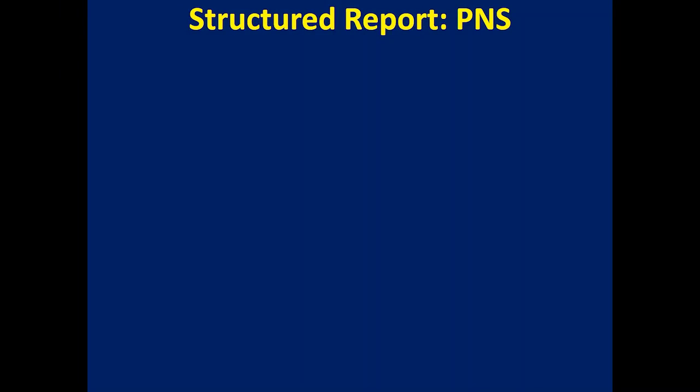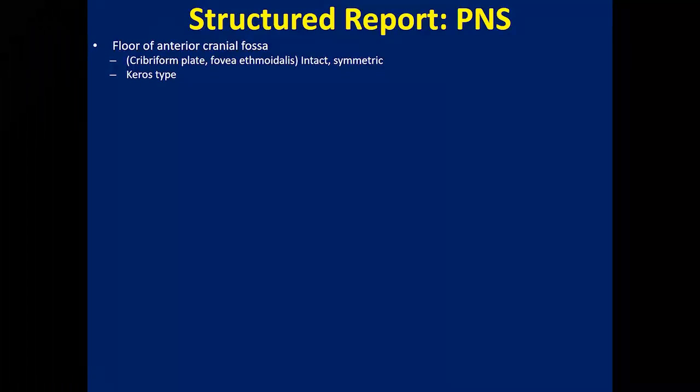So, it brings me to the structured reporting of paranasal sinuses. It is an extensive report, but you need to mention all this because, like I mentioned, all the anatomical variants have clinical significance. So I always start by looking at the floor of the anterior cranial fossa. I will evaluate the cribriform plate, the fovea ethmoidalis.